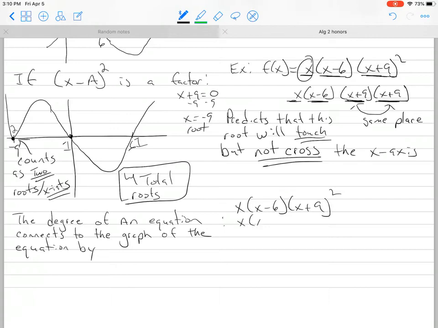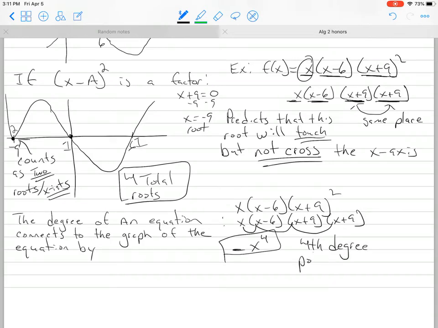So I could go x times x minus 6 times x plus 9 times x plus 9. How many times does x get multiplied by itself? 1, 2, 3, 4. So I'm going to end up with something times x to the 4th. This is a 4th degree polynomial.